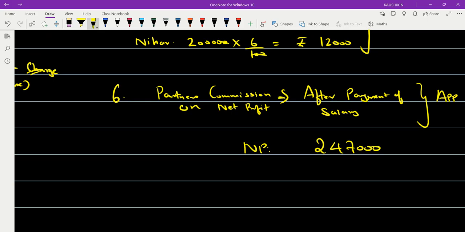But here it is said very clearly, partner's commission is on the net profit after the payment of salary. So from the net profit of 2,47,000, if I eliminate the salary, which is rupees 60,000, I'll be left with rupees 1,87,000.